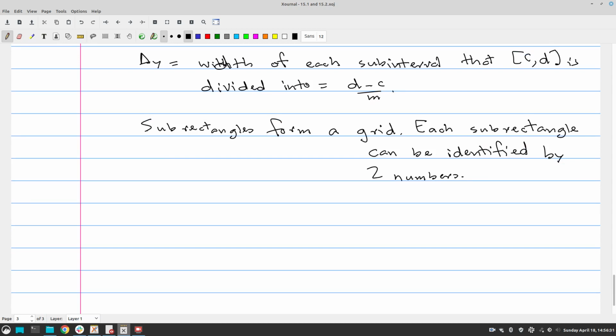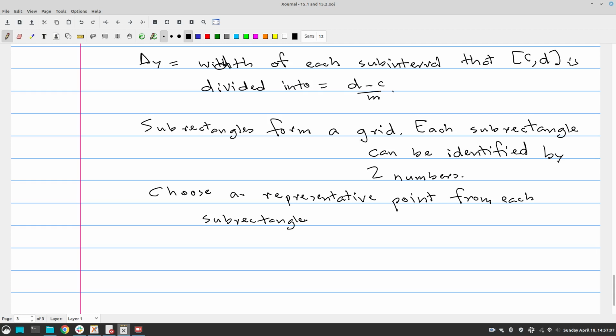Now what we need to do is choose a representative point from each subrectangle.